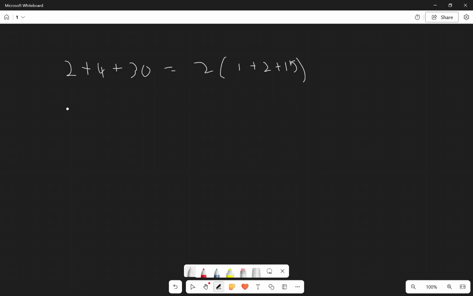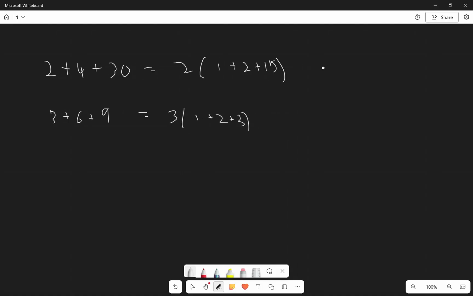So you can write another expression like 3 times 9 and 6 and 9. You can take 3 out and write it like 1 plus 2 plus 3. So we are taking the common factor out from the expression.